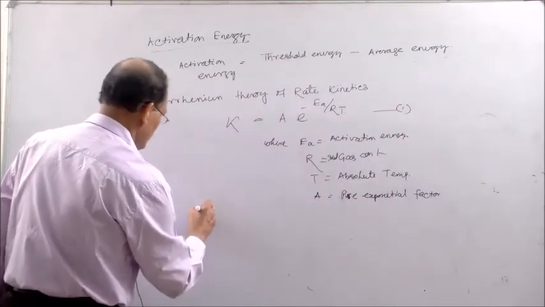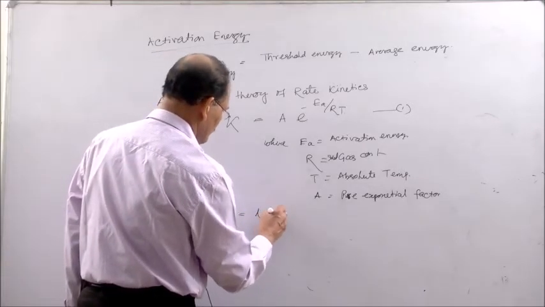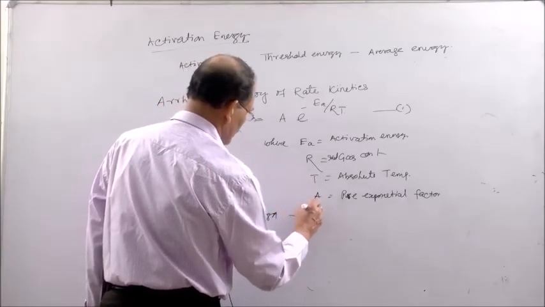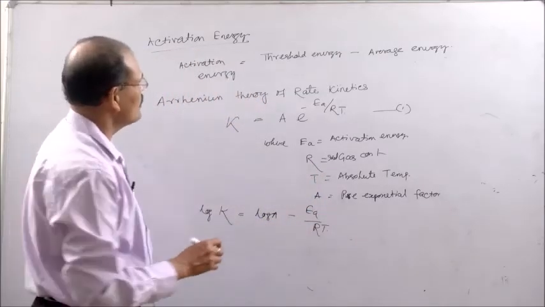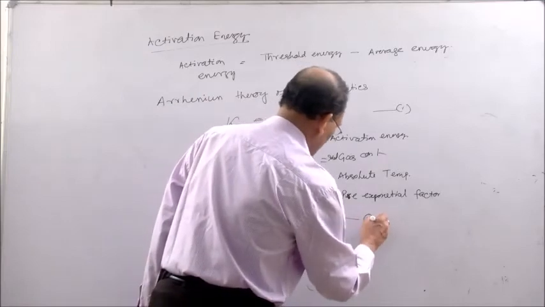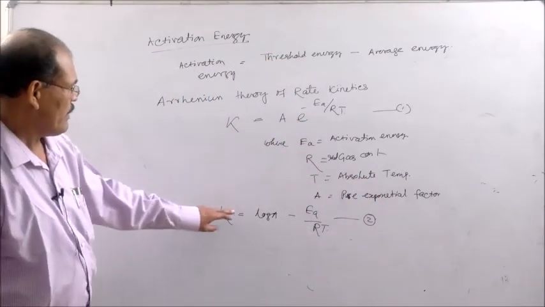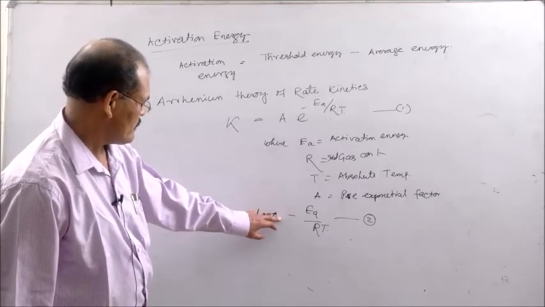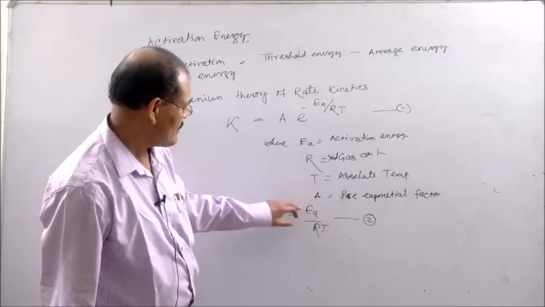log k is equal to log A minus Ea by RT. Look at this equation: log k has log A, the initial concentration term, minus Ea by RT, where Ea is the activation energy.